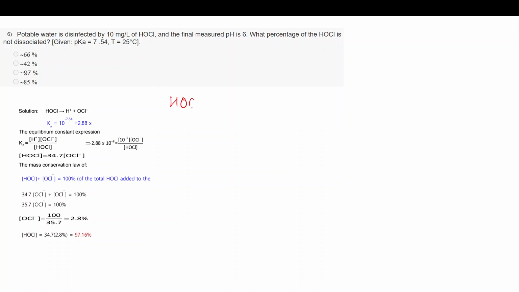So HOCl dissociates through a reversible reaction into H plus and OCl minus, right? So this is the equation, and the equilibrium constant, the pKa value, is given as 7.54.